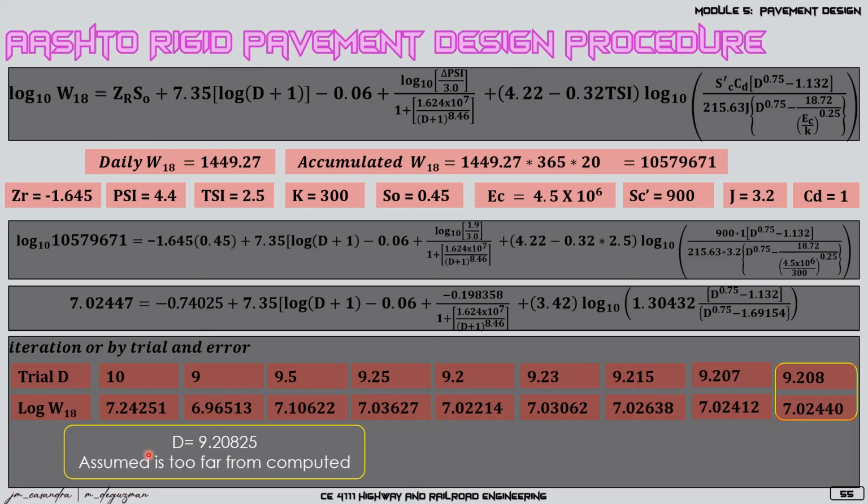So take note, our computed D is 9.208. Our assumed value is 10. So it's too far from our assumed value. So what we have to do is to recalculate our daily traffic by using D equal to 9.0. So we start again with the first step.